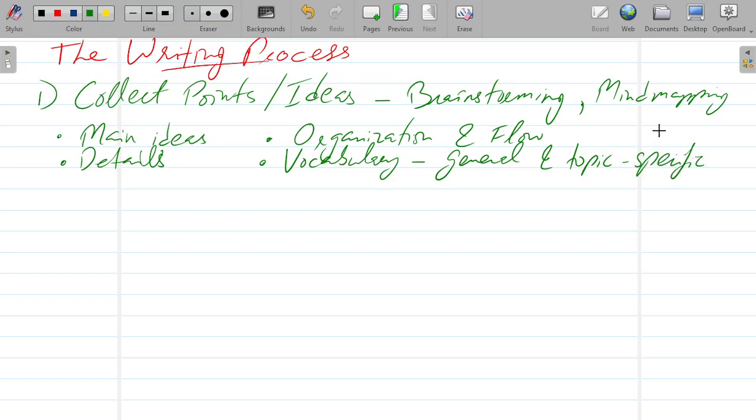Like we were talking about traveling abroad, you can think or look up words that you would normally use when talking about traveling. Or for example, you're writing about sports, so you use certain sports vocabulary. Or you're talking about working out, so you use that kind of vocabulary. So topic specific, you want to think about that.